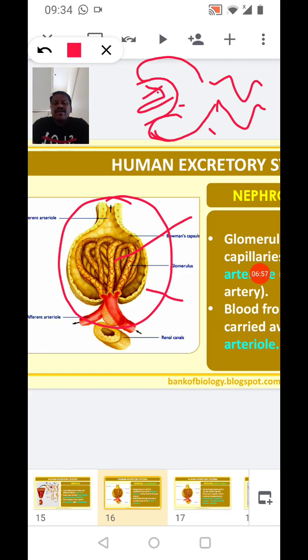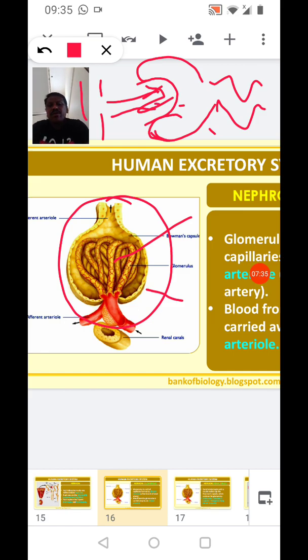Okay, particularly here, I would like to tell one thing. In the beginning, I told you a renal artery enters the kidney. As the renal artery enters the kidney, it divides into fine branches, which are known as afferent renal arterioles. And each afferent renal arteriole, suppose imagine this is an afferent renal arteriole, it gives a group of blood vessels in the cup of Bowman's capsule, which together are known as glomerulus.